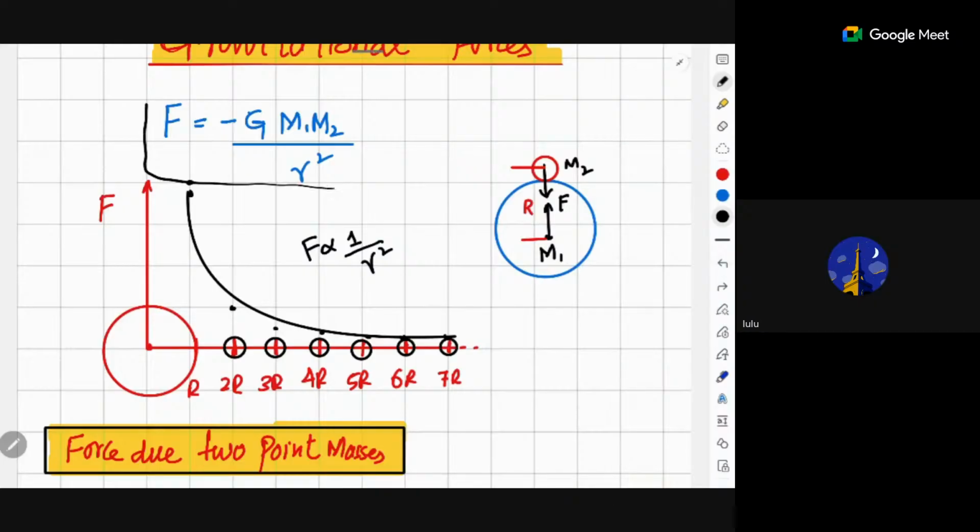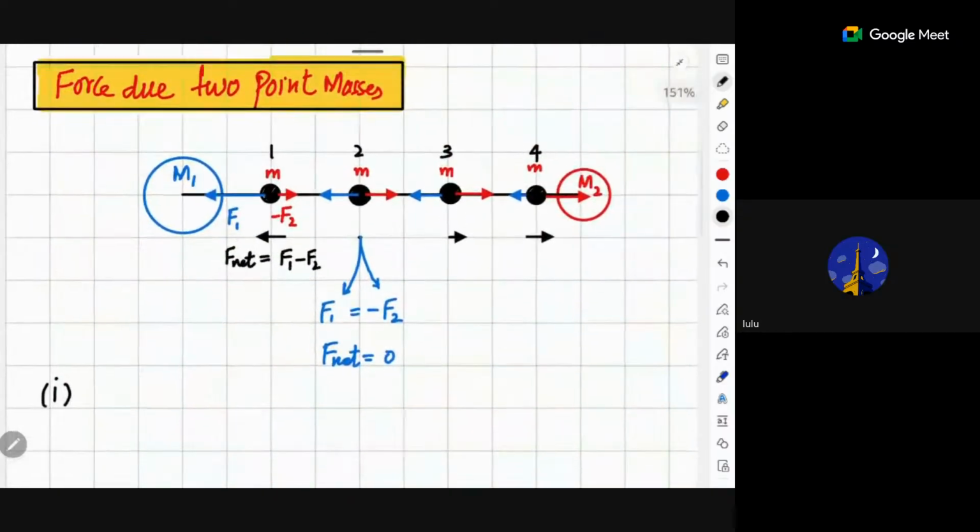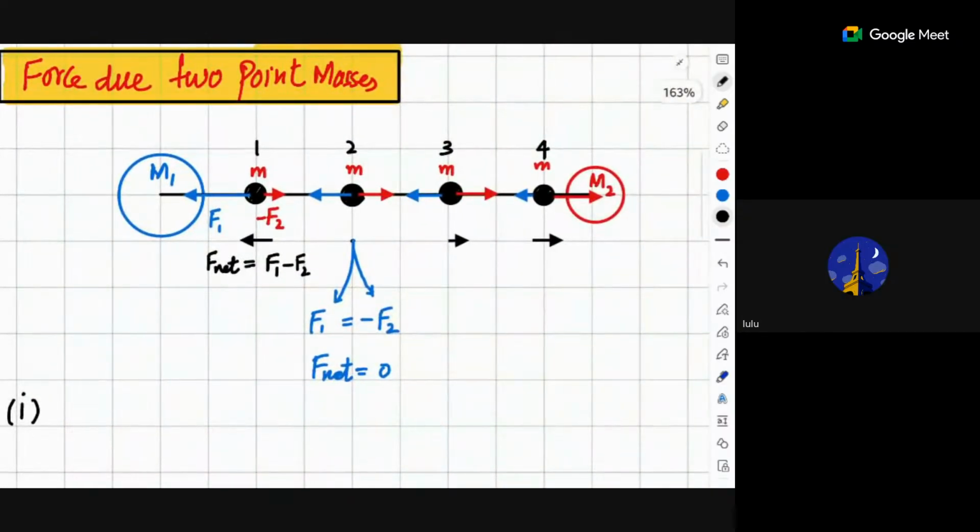Okay, and furthermore, today's discussion is that two bodies are there, two masses are there, and there is a point mass, this black one, that is moving in between these two planets, and the force of the blue planet is towards left, and the force of the red planet is towards right, and the net force is black, that is the difference of these two.